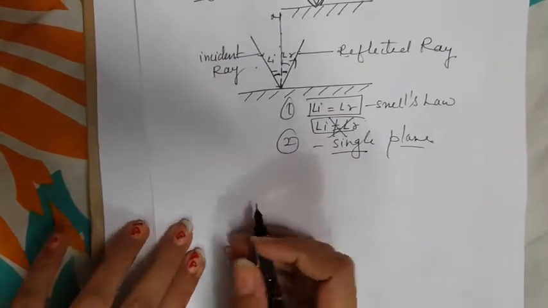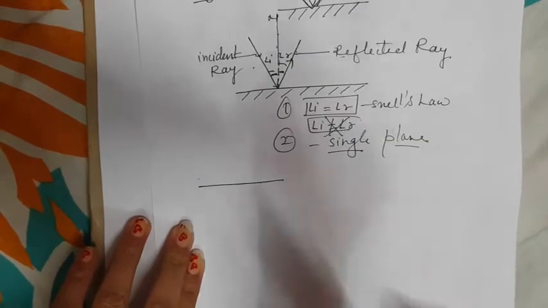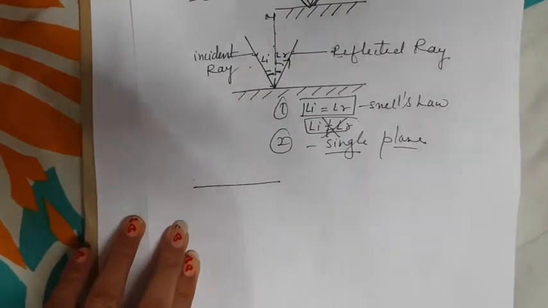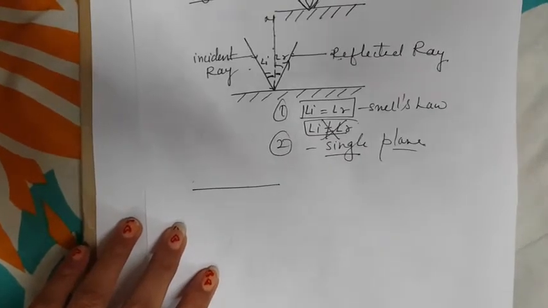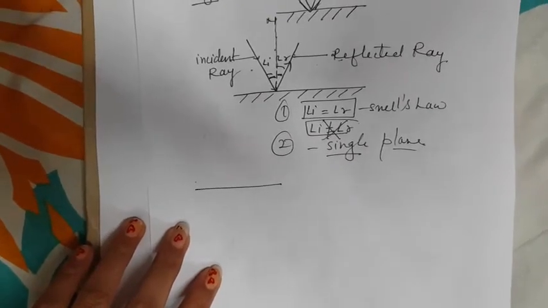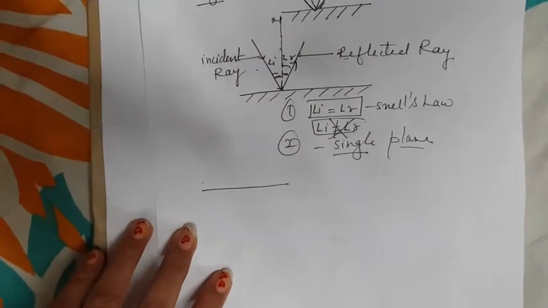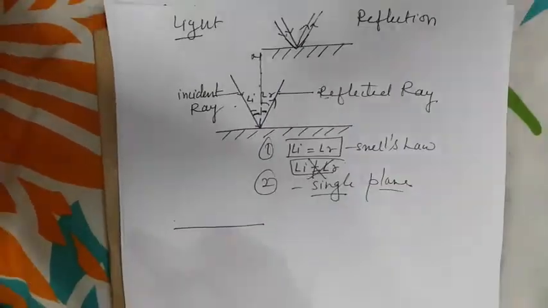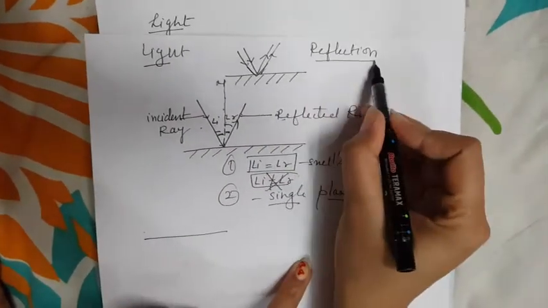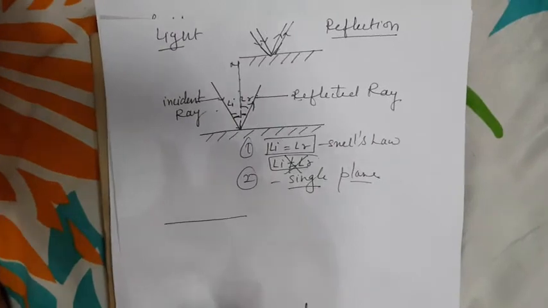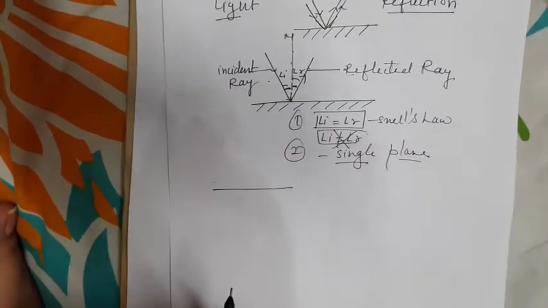Before discussing the different types of reflections, I have skipped one point, that is, how does light travel?